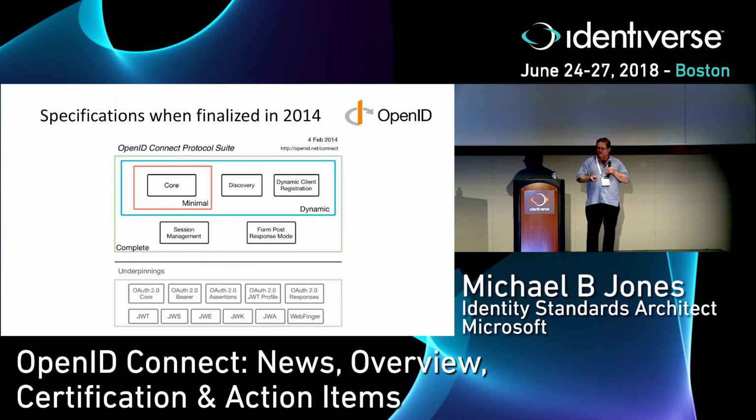There's dynamic registration, so you don't have to pre-establish relationships between all the parties. There's logout, there's the form post response mode we talked about. And as I said verbally, all of this is built on top of a bunch of IETF specs that we had built at the same time, and for instance, the JSON Web Token.